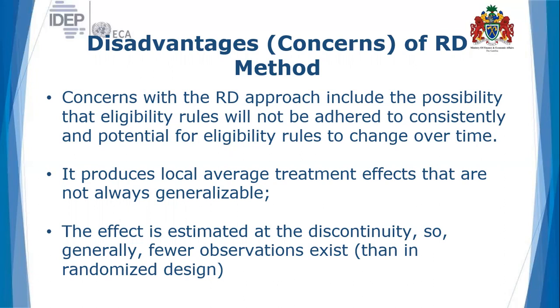estimates of the outcomes. It also produces local average treatment effects that are not always generalizable to the larger population. And the effect is estimated at the discontinuity, so generally fewer observations exist than in a randomized design.